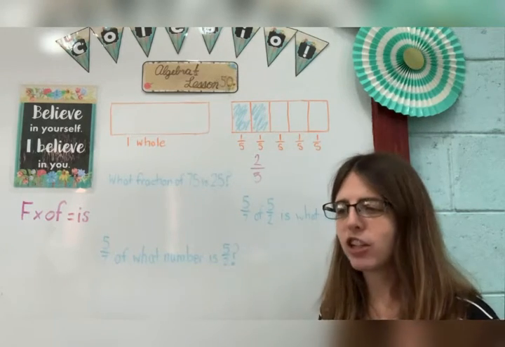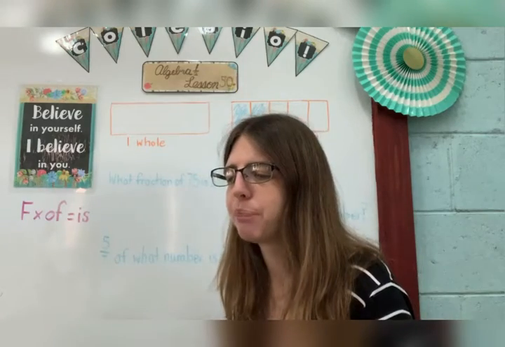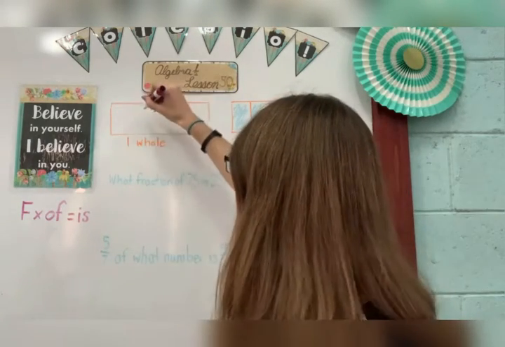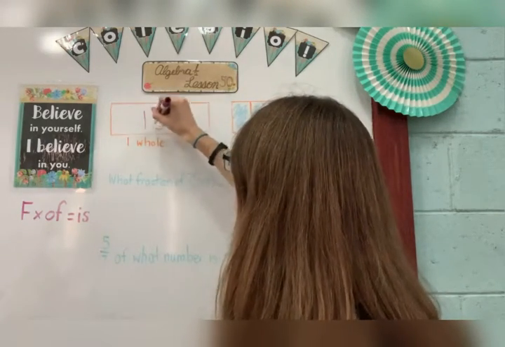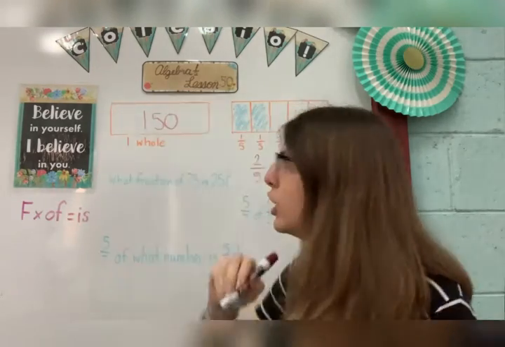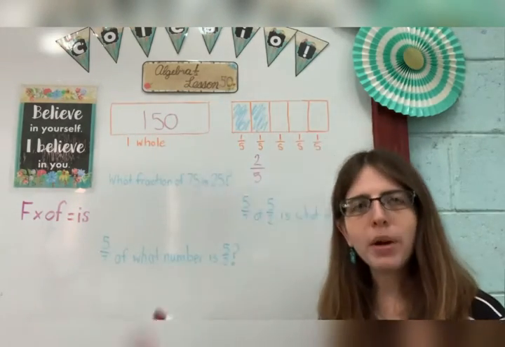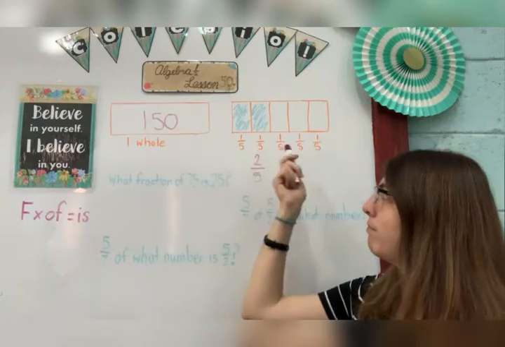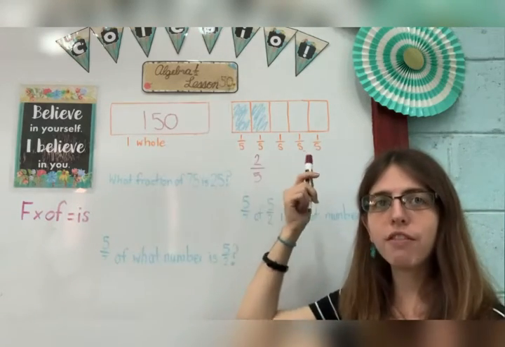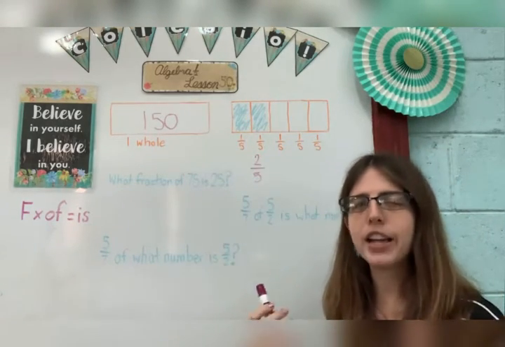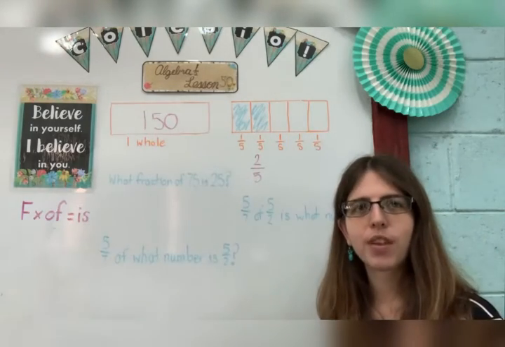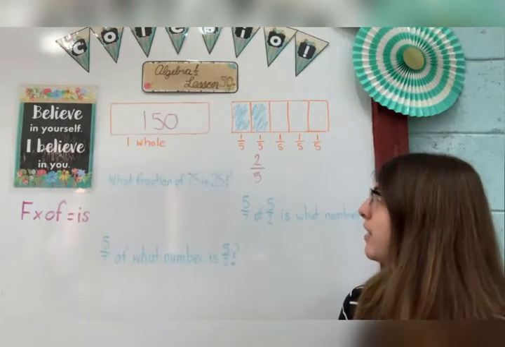My whole actually represents, for example, 150. It's my whole number. It's the total number. So what would each of these parts, each of these 1/5, represent?